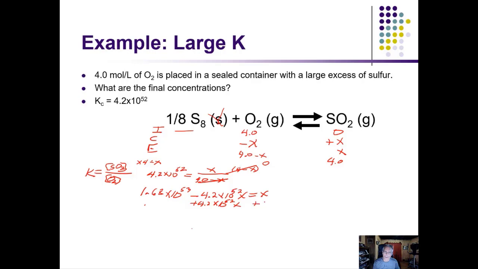So over here, the same thing, 4.2 times 10 to the 52x.